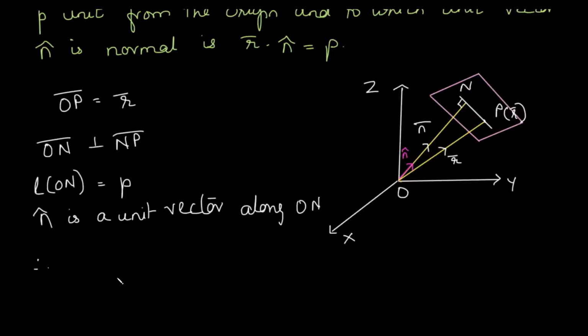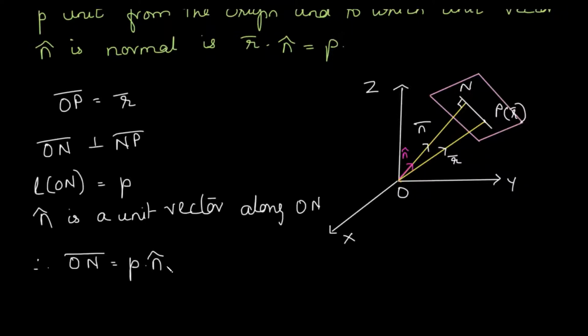So therefore, from our basics, we have ON bar is equal to p into n cap. The length of this total vector is given by p, the length of the segment, into n cap, the unit vector along this particular vector.